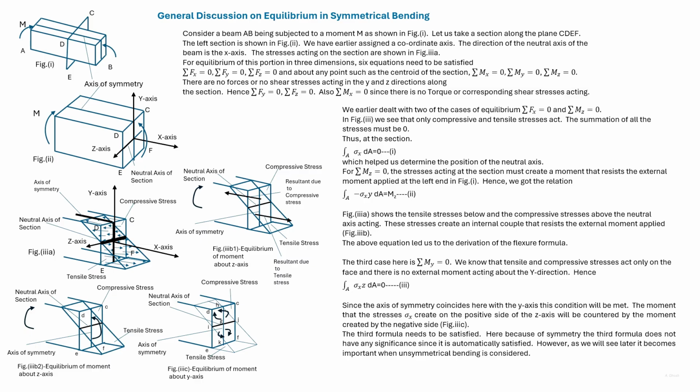Here we carry out a general discussion on equilibrium in symmetrical bending. We will discuss unsymmetrical bending later on. So here we have a beam subjected to a positive moment as shown. Let us take a section CDEF.